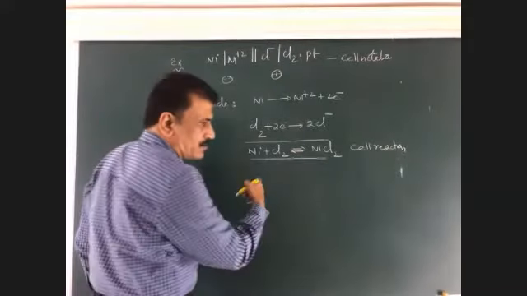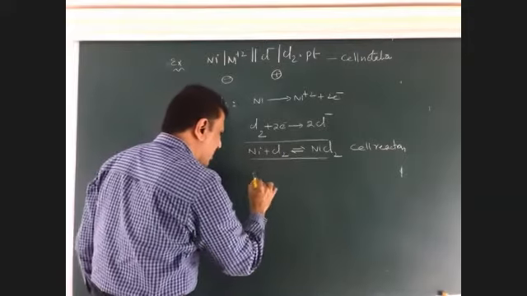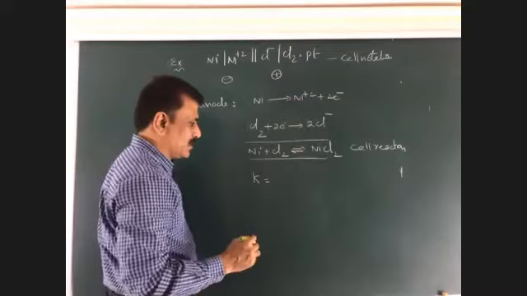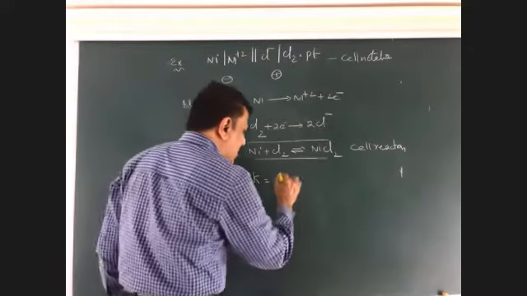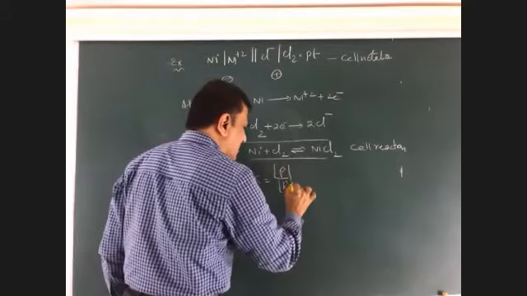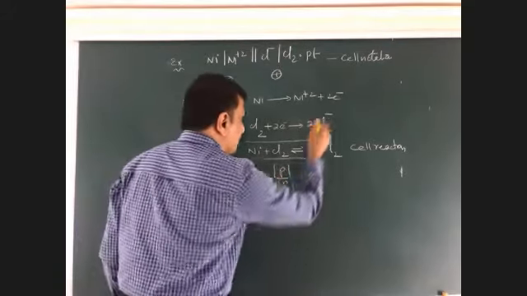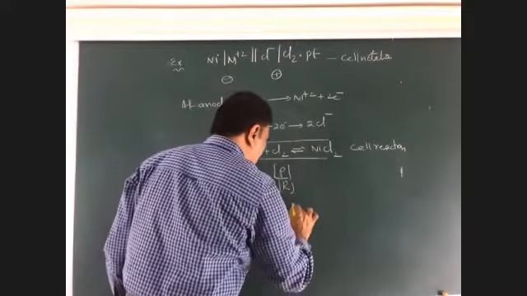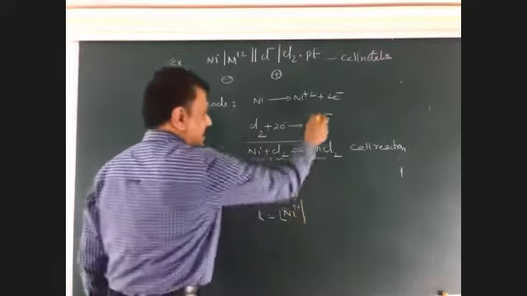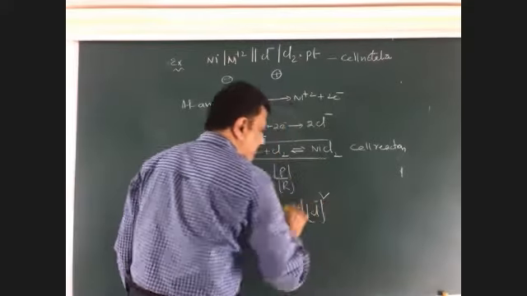And here I would like to discuss one point. For this cell equation, K can be represented, where K is the equilibrium constant. Equilibrium constant is nothing but products by reactants, the products' concentration by the reactants' concentration. So K for this reaction will be the Ni2+ concentration and the Cl- concentration whole squared.